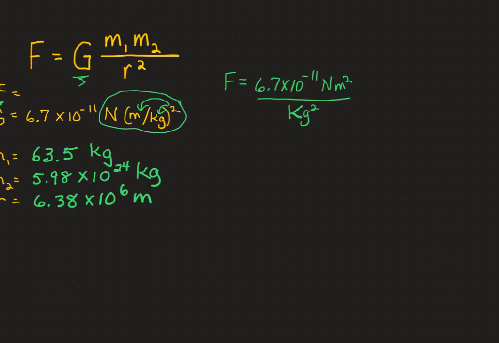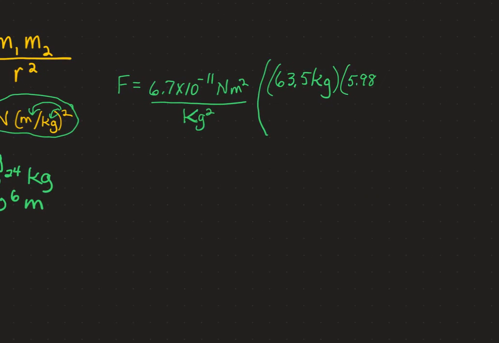That was G. Now we need the mass of the student, multiplying that by 63.5 kilograms. And that mass is multiplied by 5.98 times 10 to the 24th kilograms. Look at that. We have kilograms times kilograms, or kilograms squared. So we're going to get to cancel our kilograms.